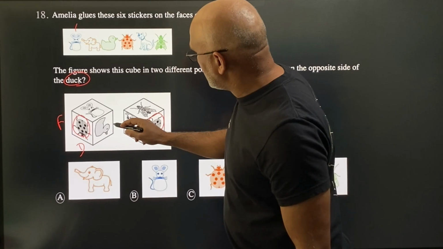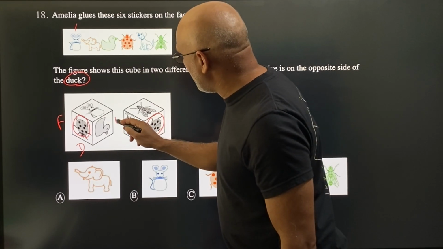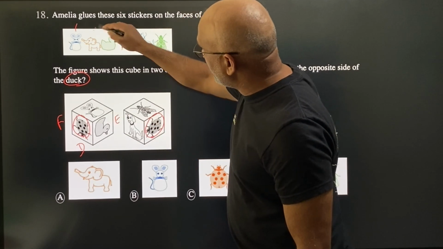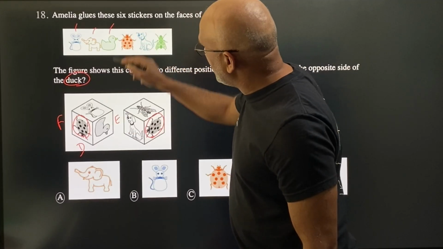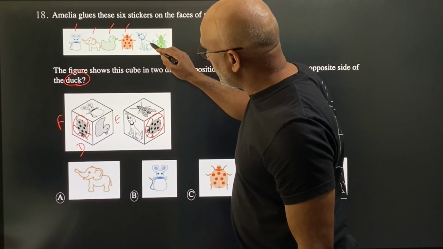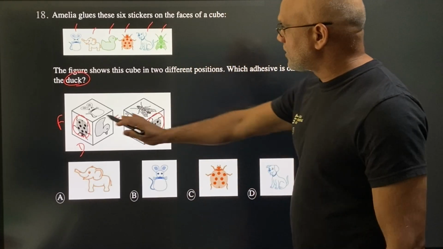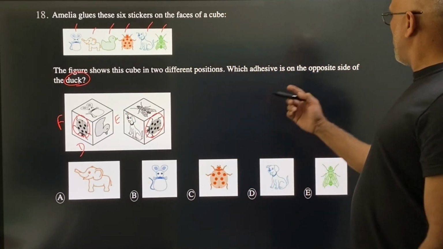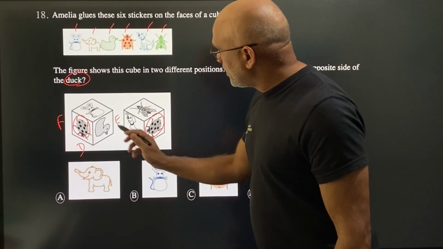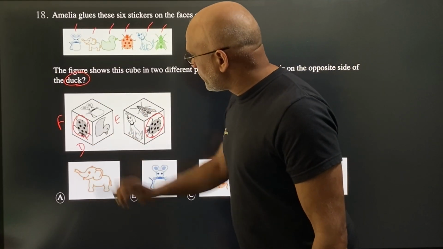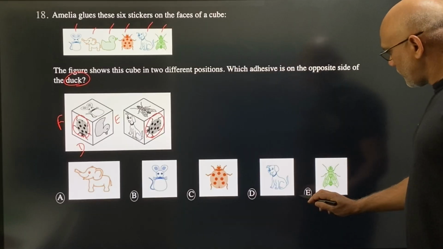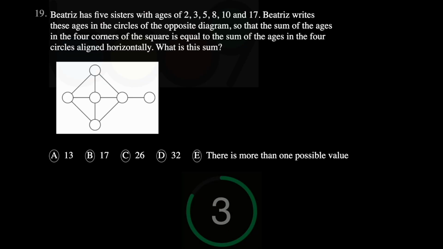Elephant is not there, so this must be the elephant, right? And then elephant is done, duck is done, ladybug is done, D for dog is done, F for fly is done. Okay, so this is the configuration. So we want to find opposite of the duck. Opposite of the duck is going to be the fly. E is the correct choice.